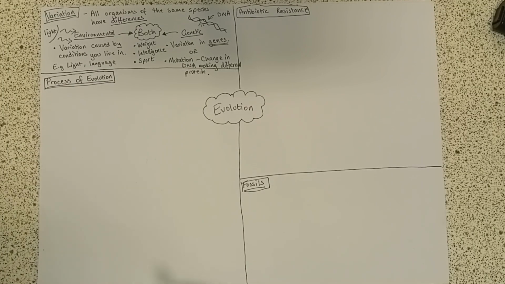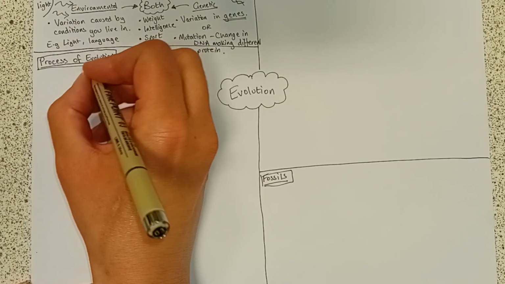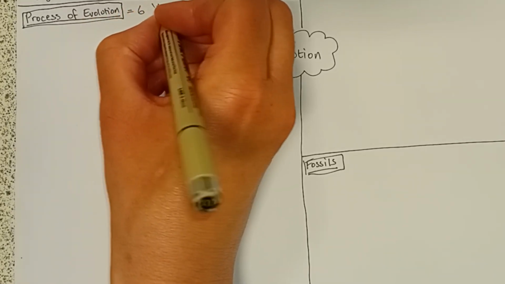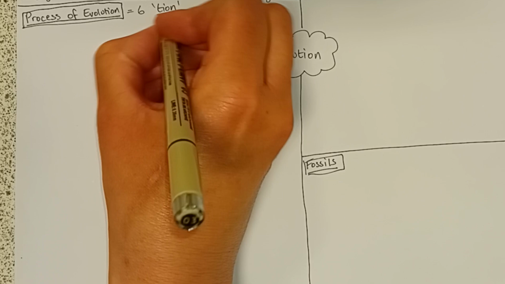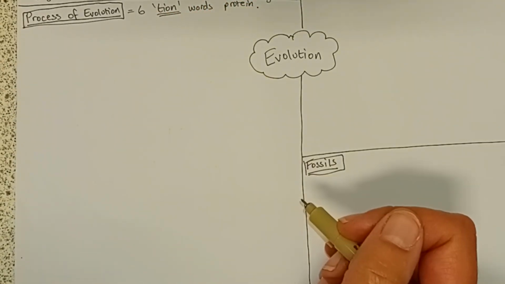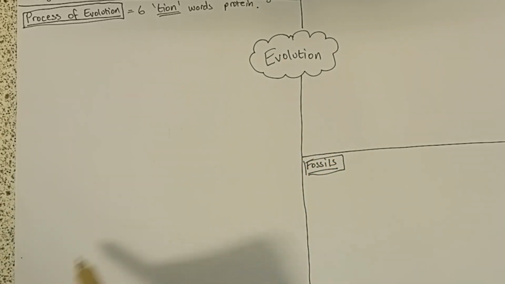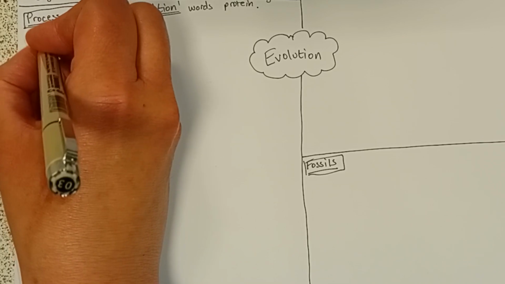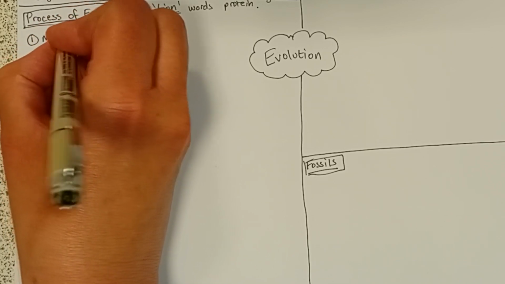So let's look at the process of evolution then. And for this, we need to know 6 shun words, words that end in shun, because it's often a 5 or 6 mark question. And I'm going to draw them zigzagging down the page. The first shun word we need to use is mutation.